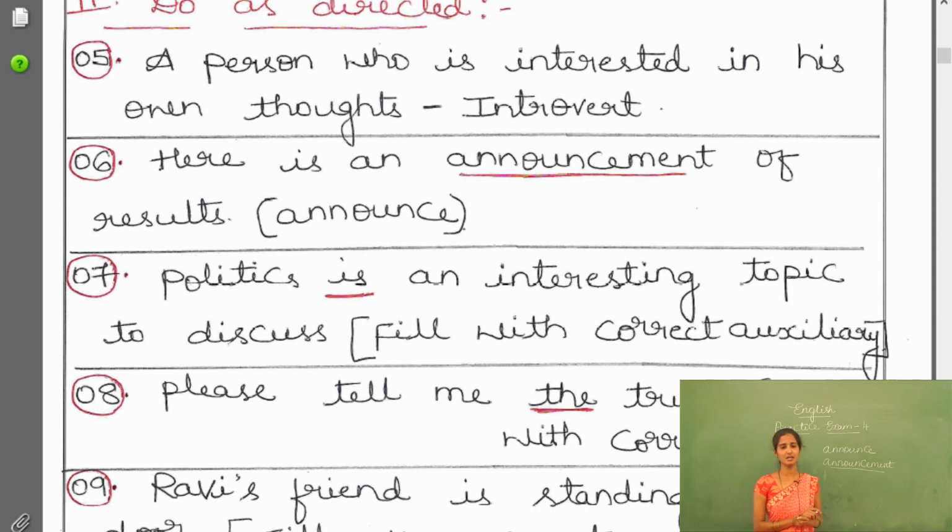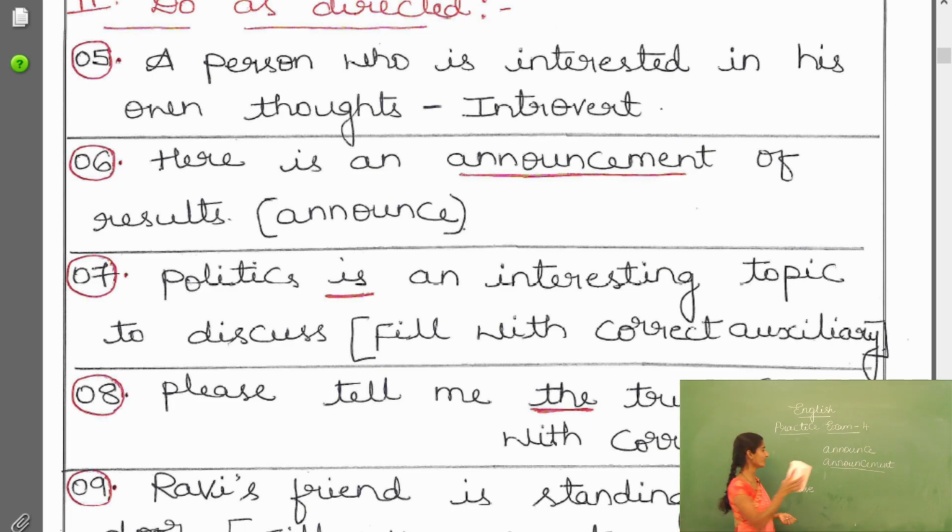In the bracket, fill with the correct auxiliary. Auxiliary verbs means helping verbs. There are two types of auxiliaries: primary auxiliaries and modal auxiliaries. In the primary auxiliaries, you will get three forms: be, do, and have.